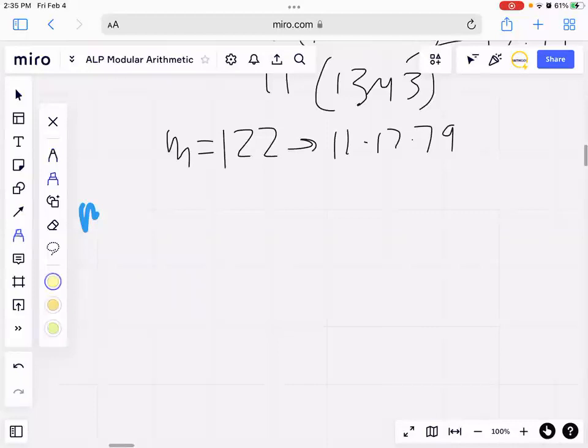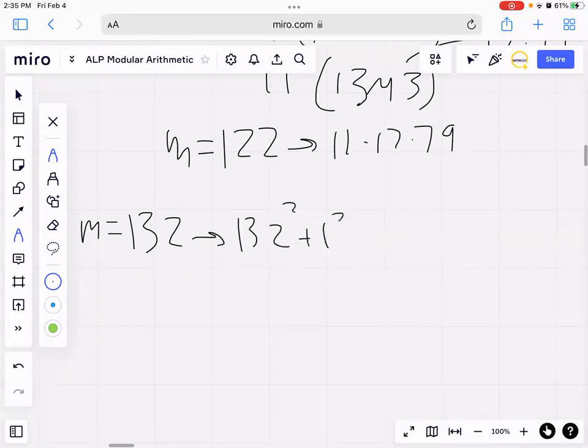Sorry, I'll change that. m equals 132. Here this yields 132 squared minus 132 plus 11.